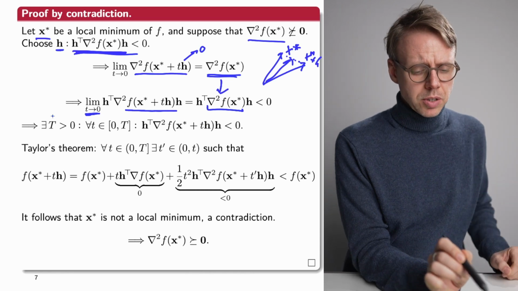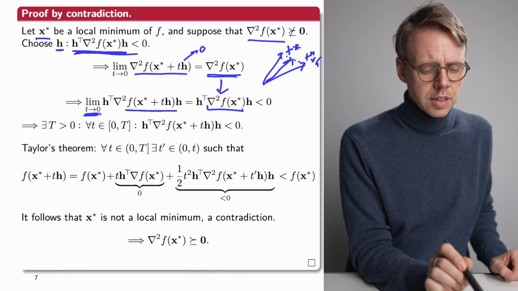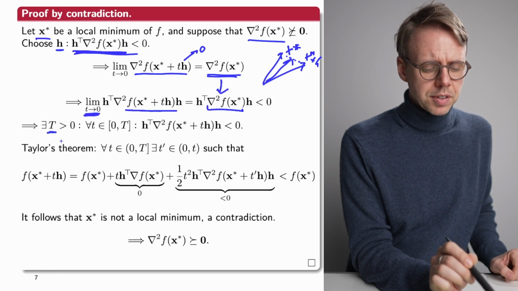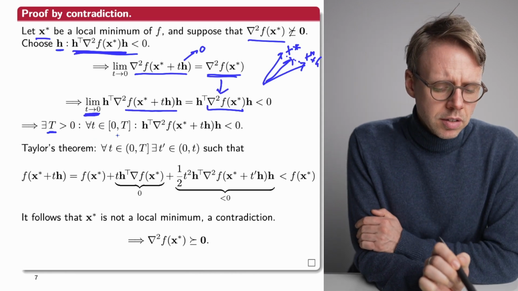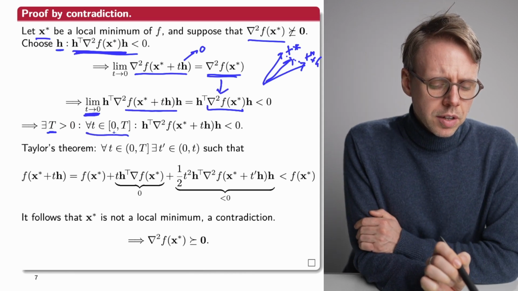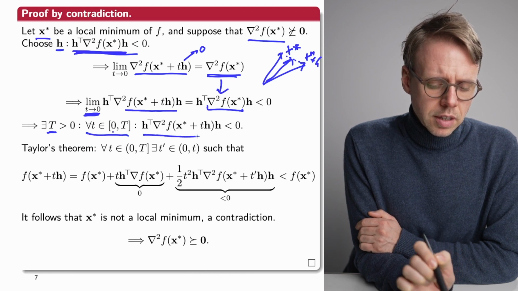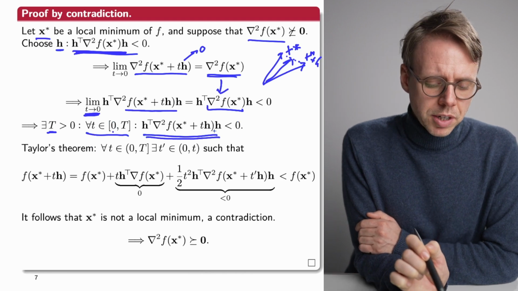And because we took this limit going to a value t, letting this value go to 0, there needs to be some upper bound to those values of t where the whole interval between the upper bound and 0, that the squared form is already smaller than 0.